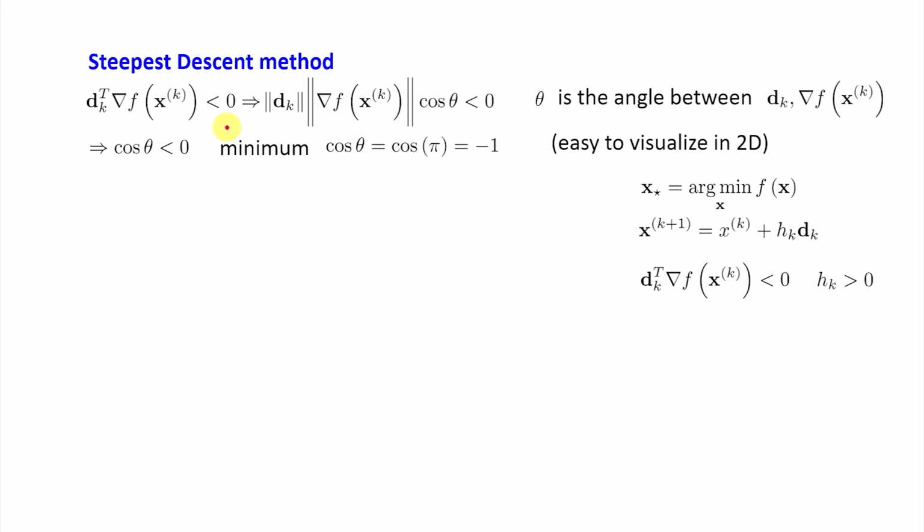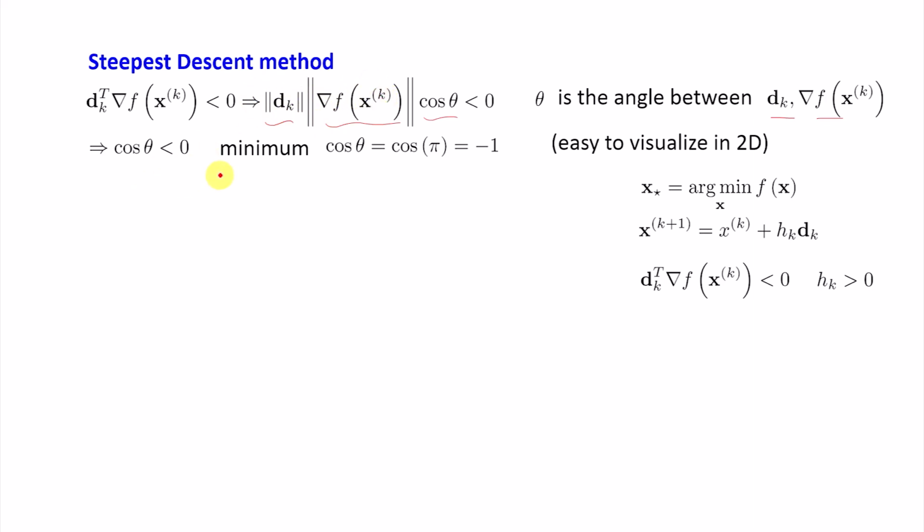Here we will discuss steepest descent, and steepest descent tells us that you take that direction in which you can reduce the function at the fastest rate. So for instance, this inner product dk with nabla f, I can write as the norm of the vector dk, times the norm of the vector nabla f, multiplied by cos theta, where theta is the angle between these two vectors dk and gradient. Because this is less than 0, cos theta should be less than 0, because the norms are positive.